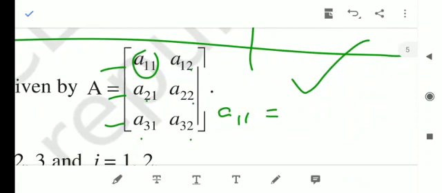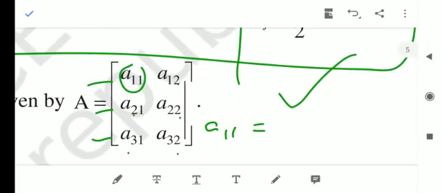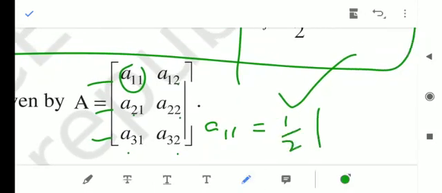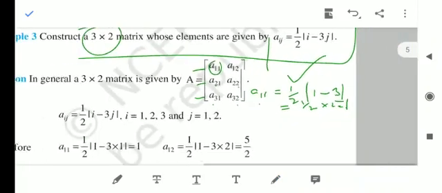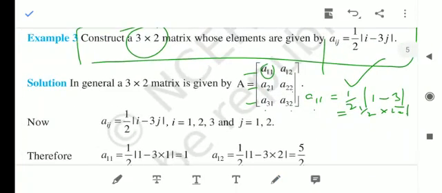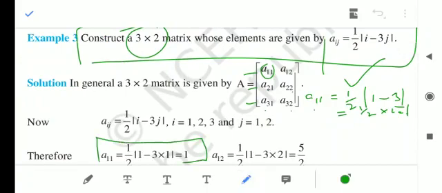So here the value of i is 1, the value of j is 1, so it is 1 by 2 modulus of (1 minus 3 into 1), so 1 minus 3 is minus 2, modulus is 2, so we have 1 by 2 into 2, that is, the answer is 1. So the A11 element is equal to 1. Here you can see they have calculated A11 equal to 1.